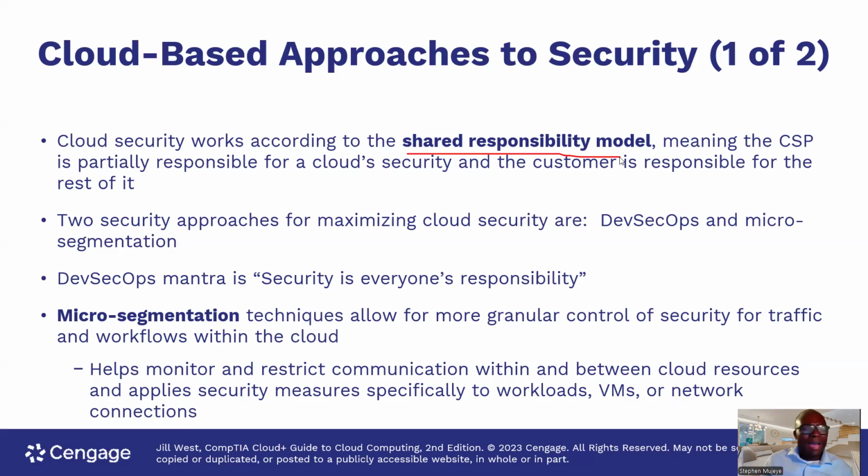And then the micro-segregation, this allows the granular control of security for traffic and workflows within the cloud, right? So you can restrict some communications between a certain subnet within the cloud.